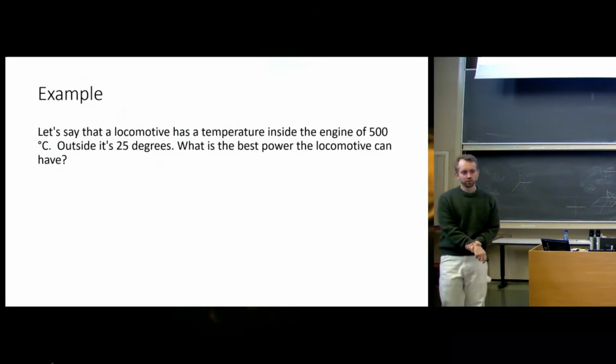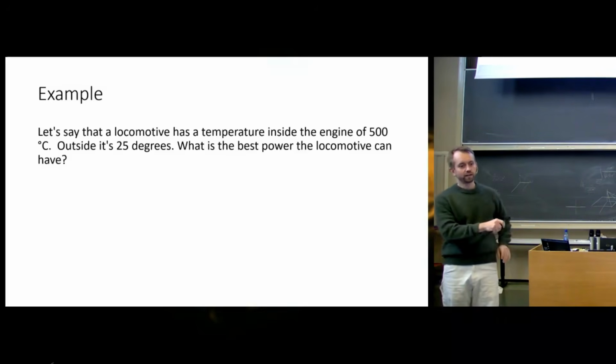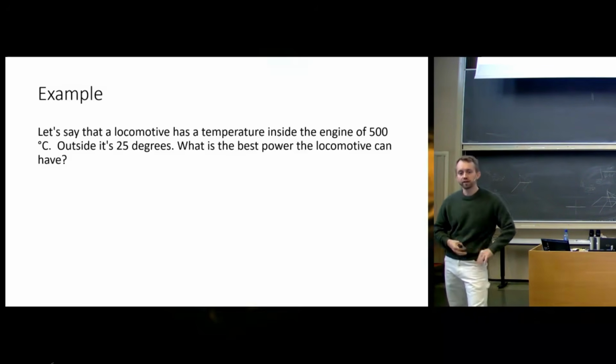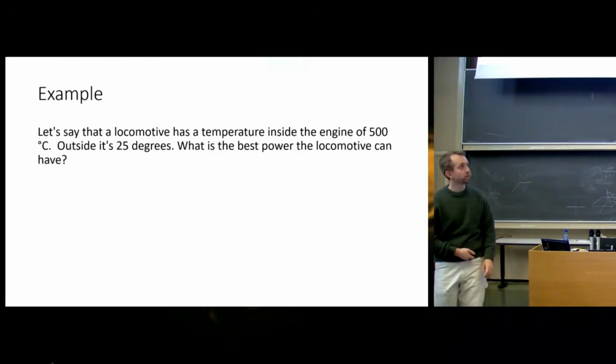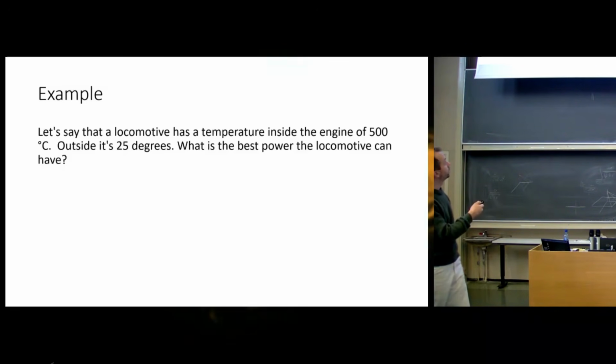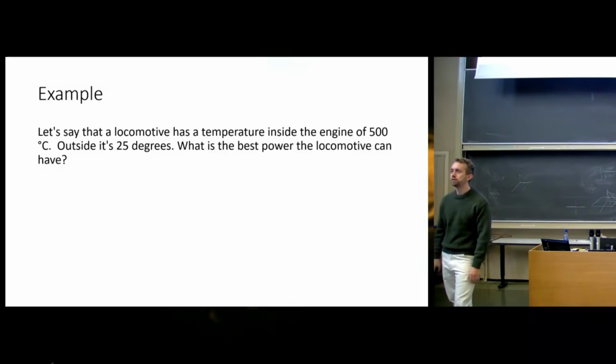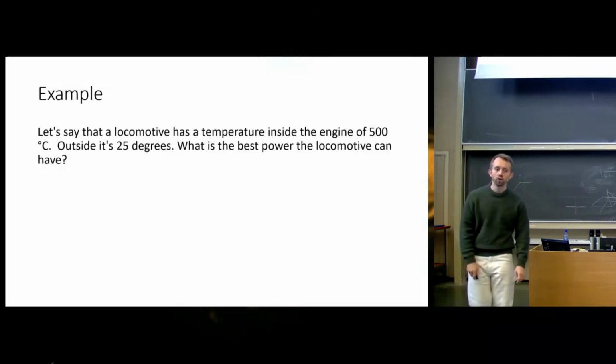All right, and so I'm just going to go through this quickly. Let's say that a locomotive has a temperature inside the engine of 500 degrees. Outside, it's 25 degrees, so it's a warm day. What is the best efficiency the locomotive can have? To do that, I must recognize that there are two temperatures here. It's the hot reservoir, 500 Celsius. I need to convert to Kelvin, and I need to find the low temperature.